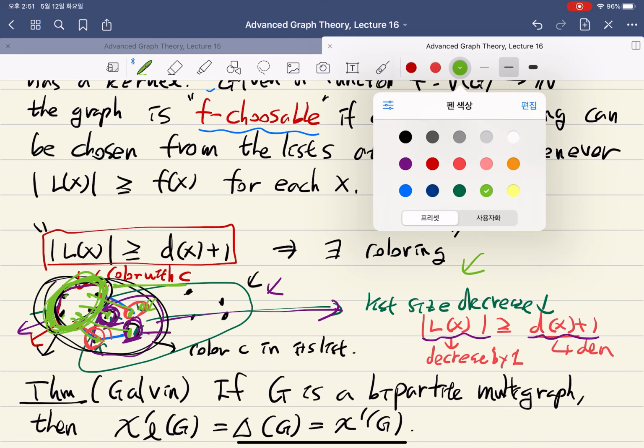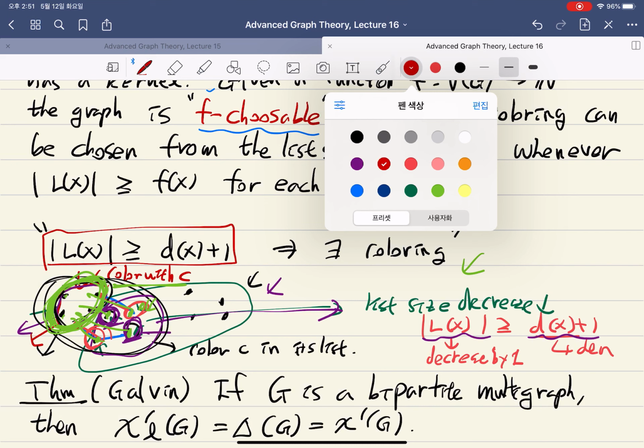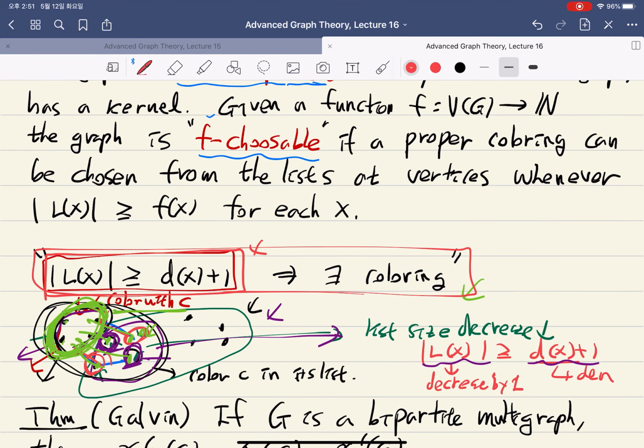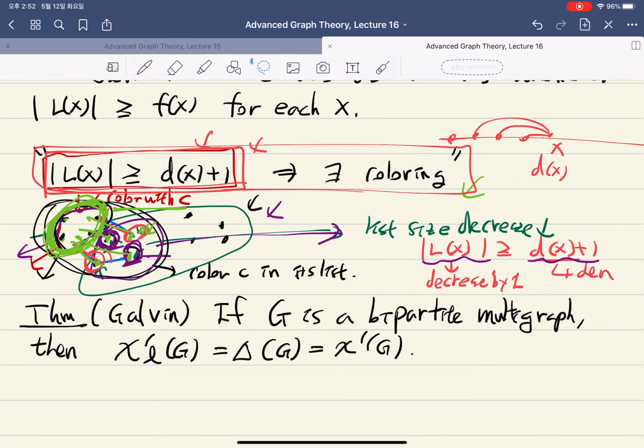But even with that, we are not so happy about the end result. This is not such a strong statement, because essentially this can be proved with an easier argument. We just color with a greedy coloring. In the greedy algorithm, if you order the vertices, every vertex has at most its degree many earlier neighbors, so you can always finish the coloring.